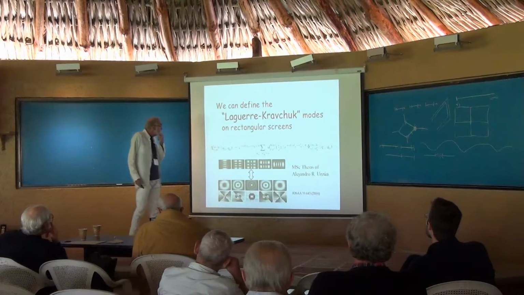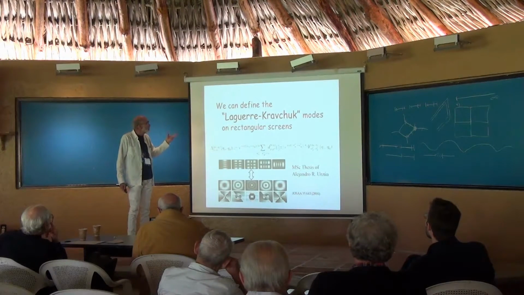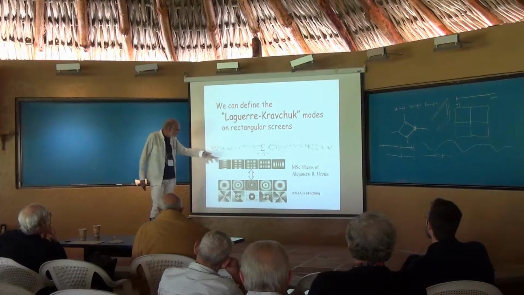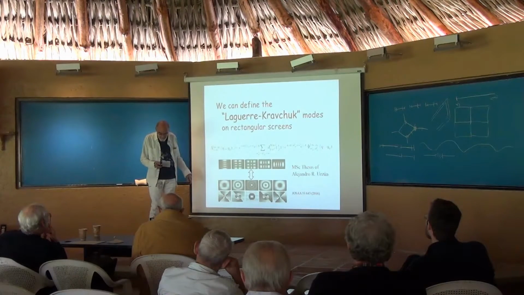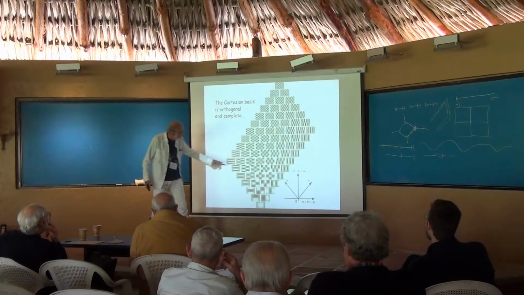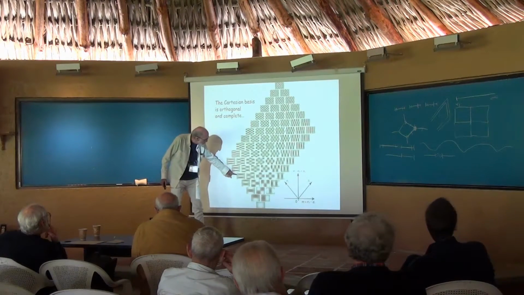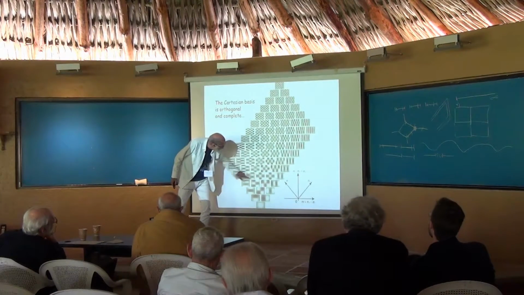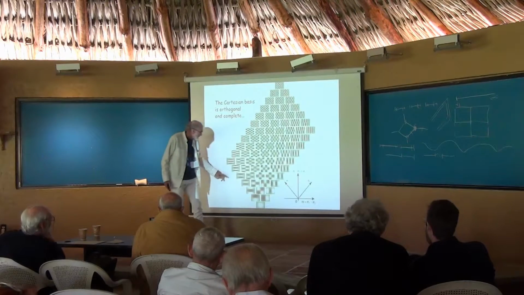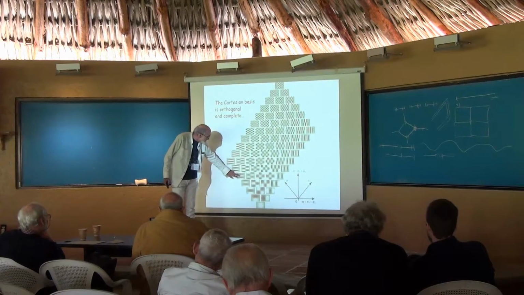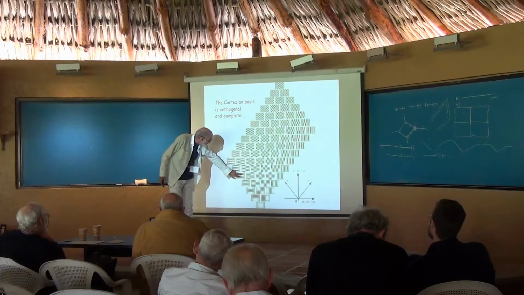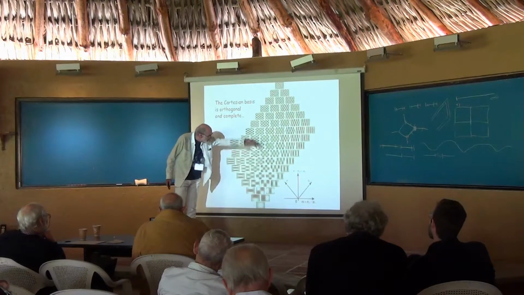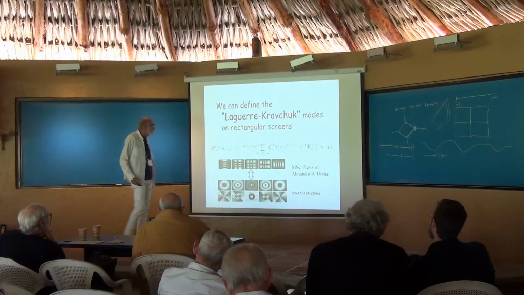So we can define Laguerre-Kravchuk modes on rectangular screens. Namely, these, if you take one of the previous, say, where you have 5 here, 1, 2, 3, 4, oh no, here. You see, here you can accommodate 2 lines, and over there you can also accommodate 2 lines.